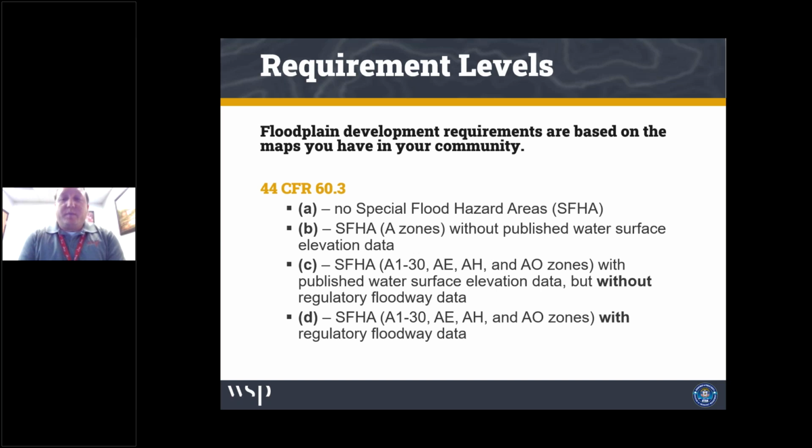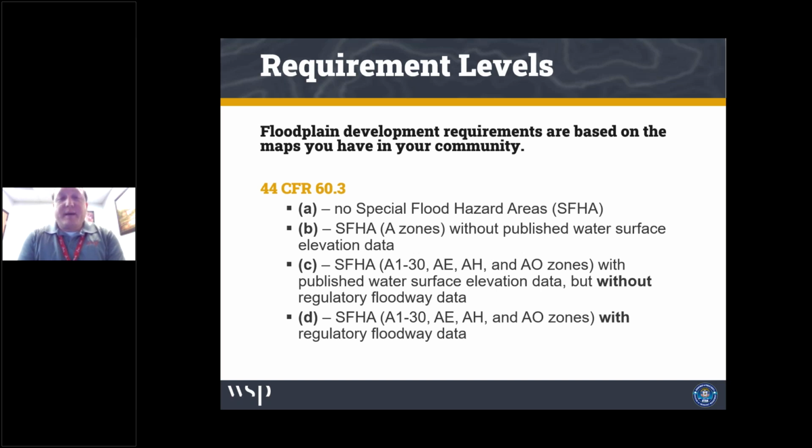So this would be if you're a community that has a drainage channel that has no flood zone, there's no FEMA regulatory map on it, then you're under 60.3A, where there's not a regulatory floodplain or a special flood hazard area. So in that case, there is no letter of map change process.